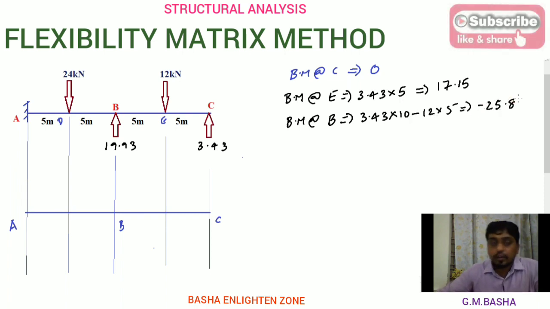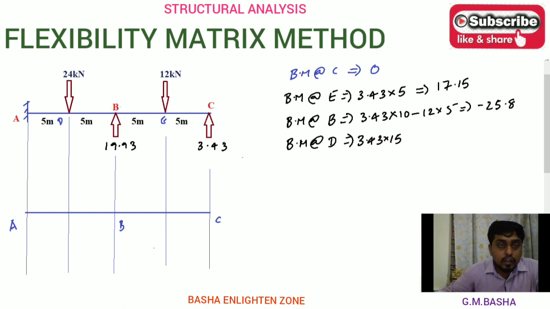Minus 25.8. Again simplify the bending moment at point D. I am taking all the upward forces. This is 3.43 into the distance, which will be 15. Again, what are the upward forces acting here? This 19.93. Downwards I am taking negative 12 into 10. Again, there will be one more force, this force 19.93 into 5, acting upwards, taking positive.